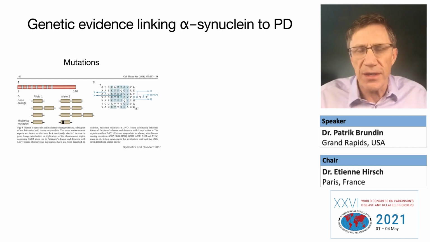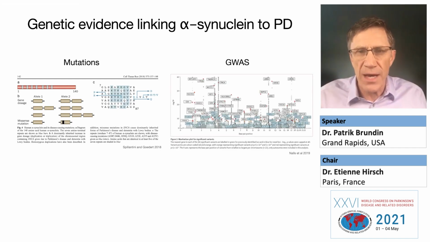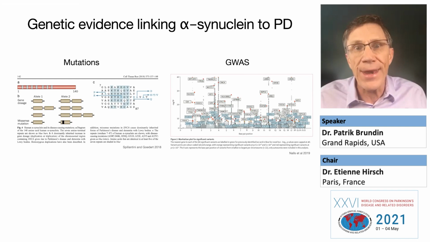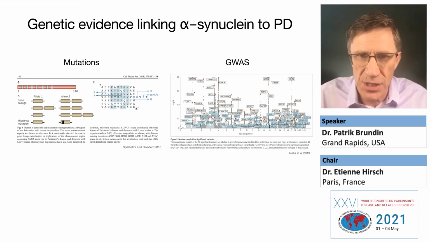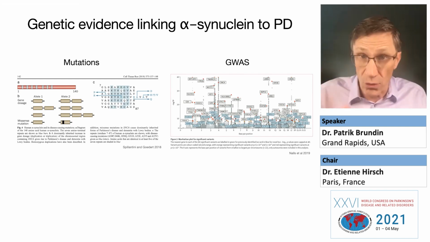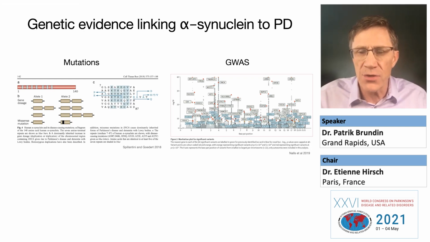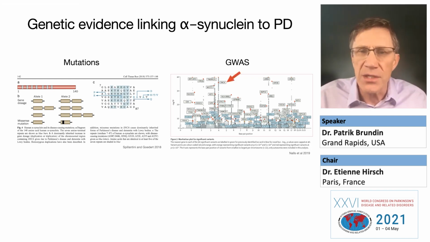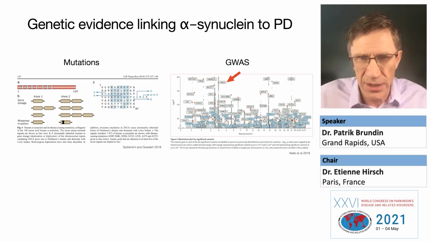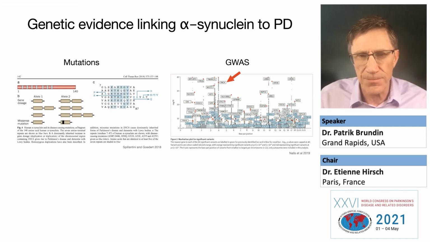That's not the only thing, because there is also the fact that amongst the now about 90 genetic risk loci that have been statistically associated with elevated or reduced Parkinson risk, there is a locus that is very close to the synuclein gene, and it's one that's been repeatedly shown to be highly associated with changes in Parkinson risk.